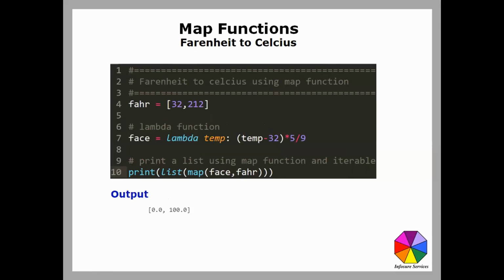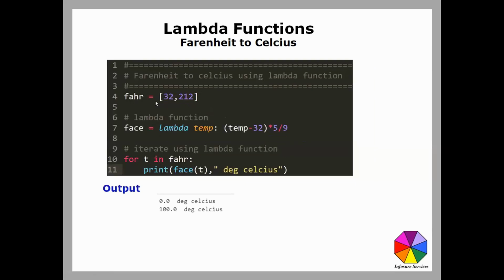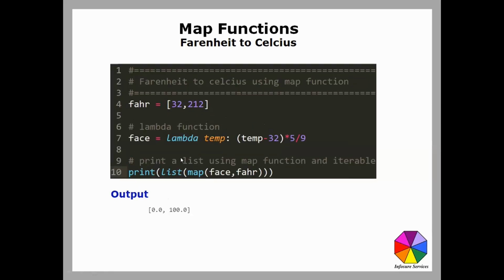Now, in the last example, we saw the Fahrenheit list, and then we used the lambda function and looped through it, right? We did for t in that list. Whenever you use this for t in the list, Python is going to take more time than a different notation.